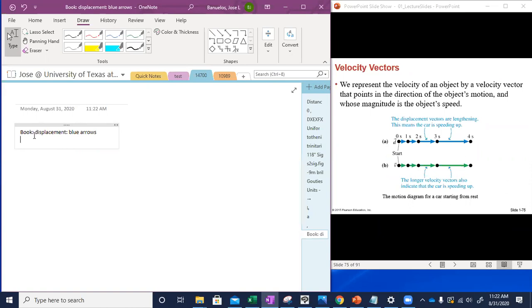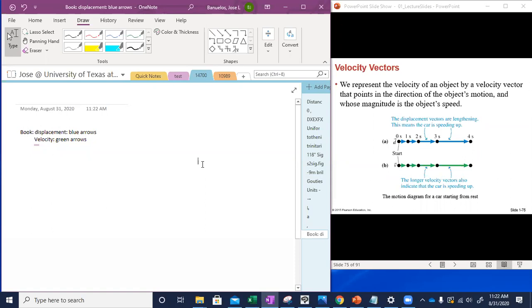The book also likes to, when it comes to velocity, it likes to use green arrows. And you'll notice that as we go and find other vector quantities later on, we'll have different colors for other quantities. And that's just to kind of keep you guys from getting confused, because you might have multiple types of arrows in one cartoon.